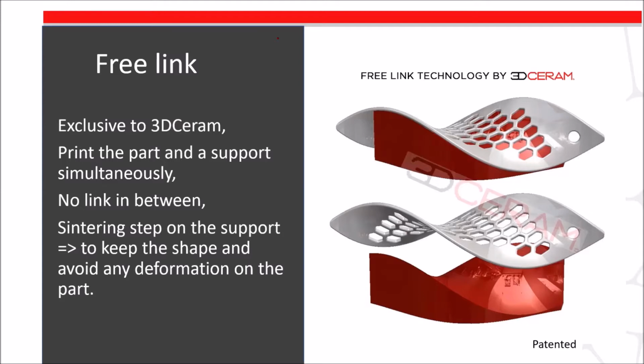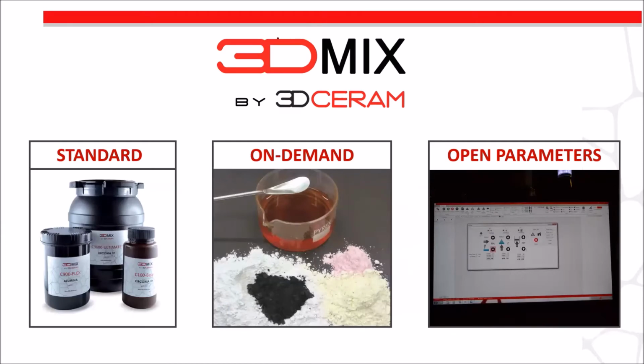Next slide, please. Okay, we call it 3D mix. It's the formulation we developed, 15 years working hard to develop standard formulation. It's ceramic powder mixed with photosensitive resin, okay, which reacts with the laser.